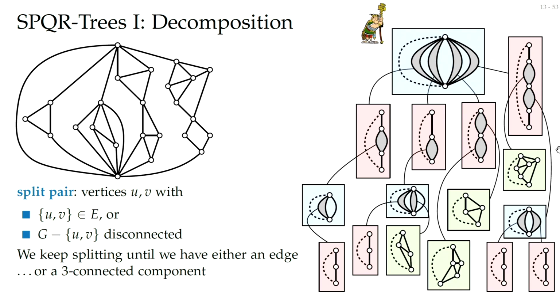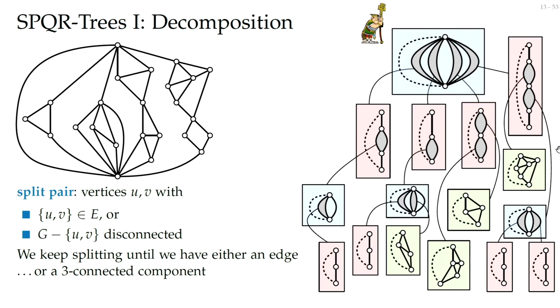But you can start with any split pair. Is there, in a two-connected but not three-connected graph, always a split pair that is connected with an edge? I mean, every edge gives you a split pair, so by definition, there are many split pairs that are connected by an edge.